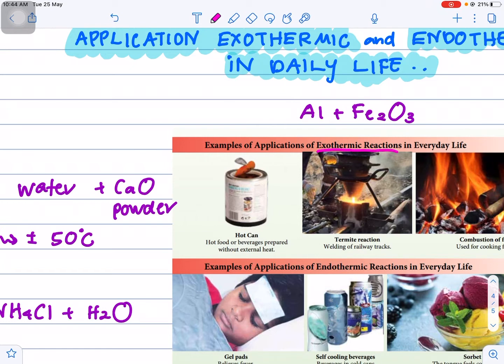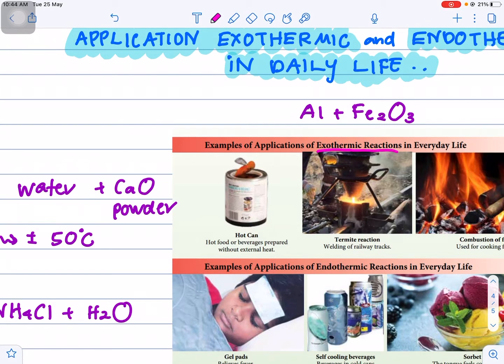Once the calcium oxide and the water are mixed up, this reaction will release a lot of heat to the surrounding. The heat released is approximately 50 degrees Celsius, and it heats our food.